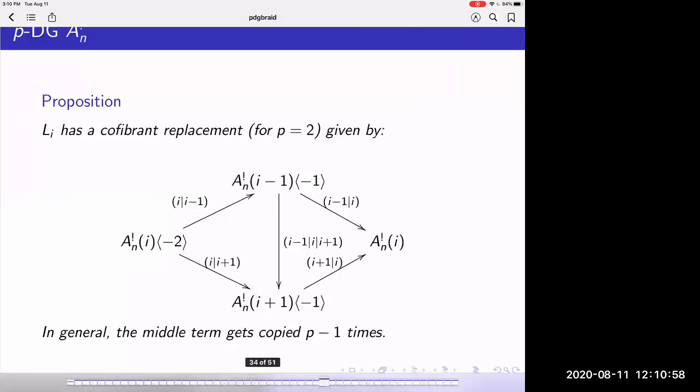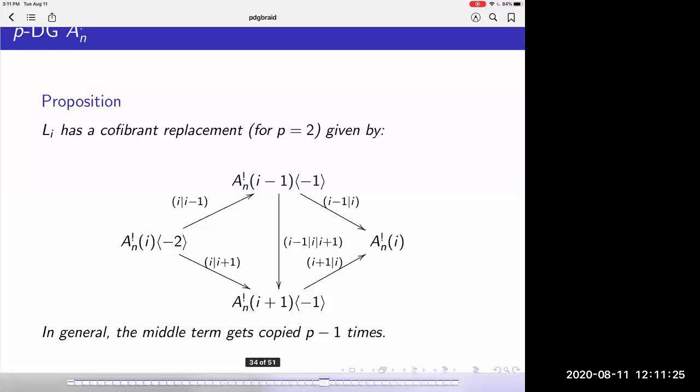L_i has a cofibrant replacement. That's the analog, in the DG world or PDG world, of projective modules. I'm showing you, for p equal to 2, the cofibrant replacement given by this. It has the same objects that we had when ignoring the differential, but we actually have to add this twist from this projective module A_{m-1} to A_{i+1}.